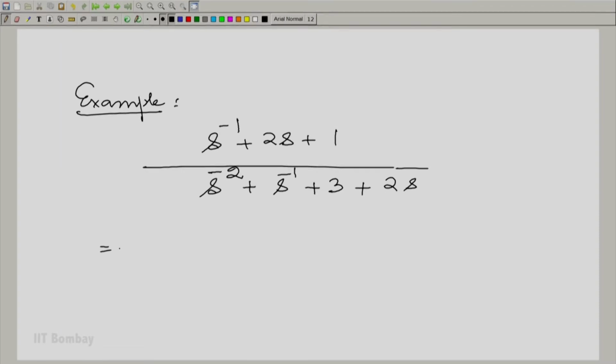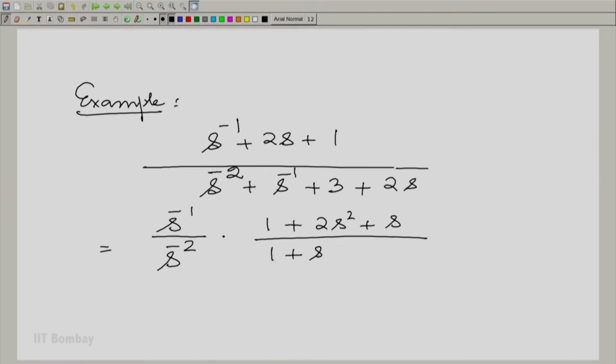We shall write this as s to the power minus 2 taken common from the denominator and s to the power minus 1 taken common from the numerator, and then multiply by s. So, we have 1 plus 2s squared plus s divided by, again multiply by s squared in the denominator. And now, of course, when you have powers of s like this, you can adjust them either into the numerator or denominator. This will be s squared by s.